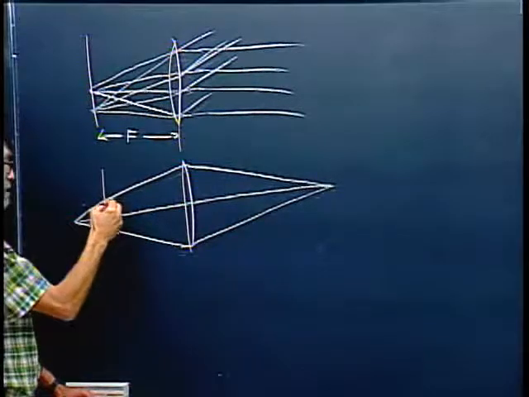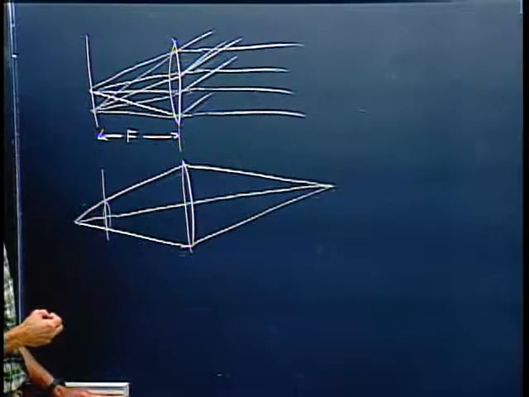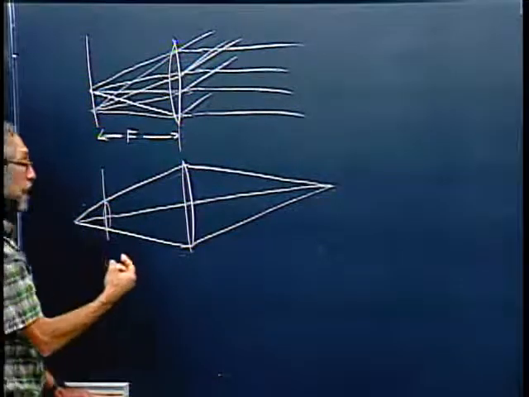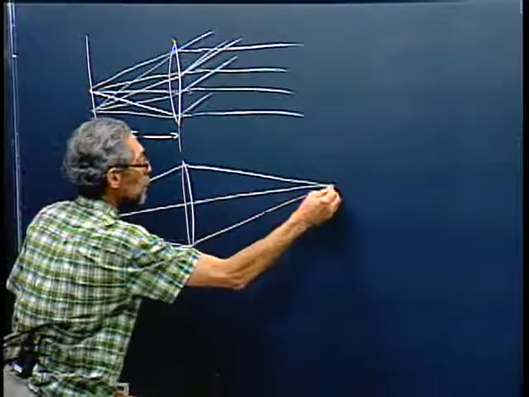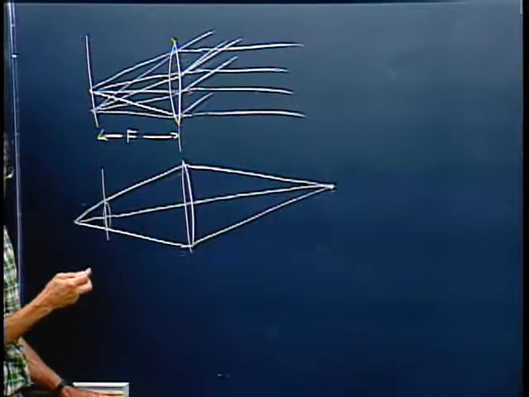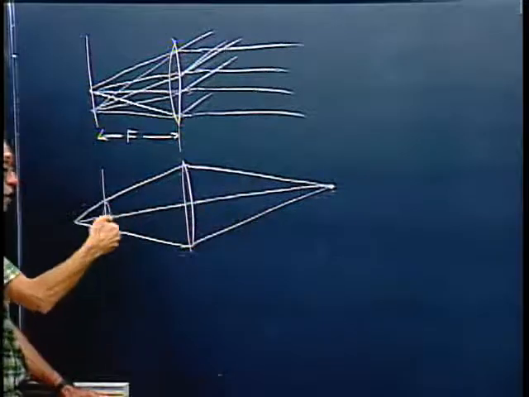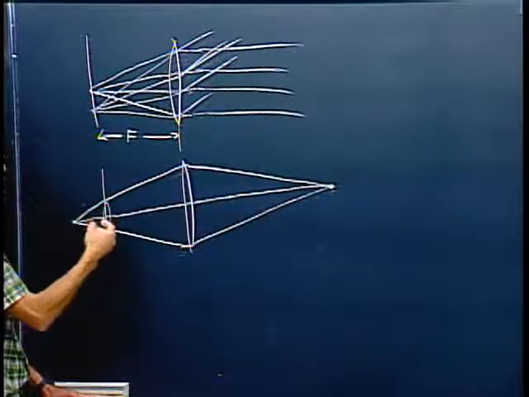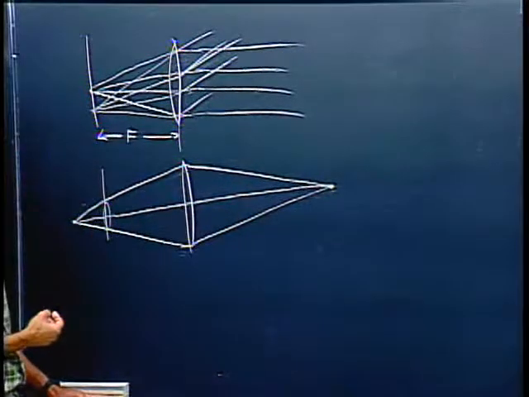And so what you're going to get is a circle of confusion on the screen. And that means that what would have been, say, a point light source is going to end up filling up a whole circle. You can think about it like a cone of rays here converging on a cone here to this point and intersecting here in some sort of circle.